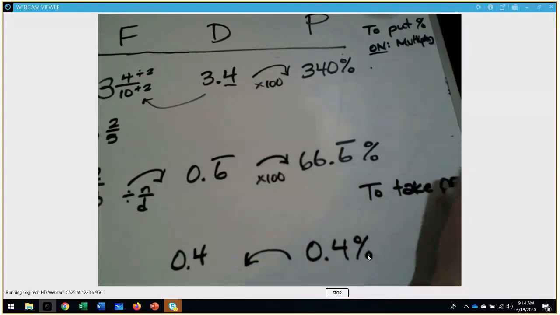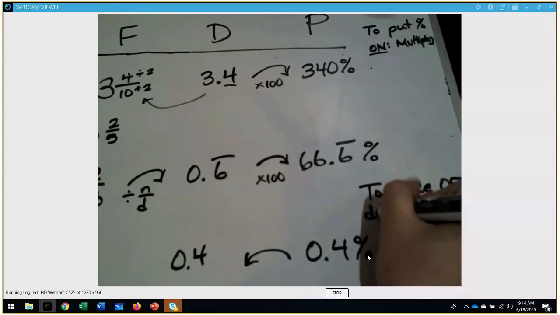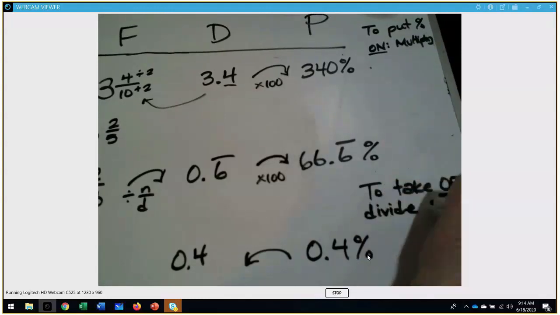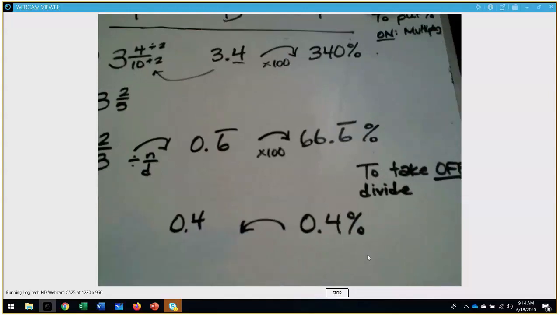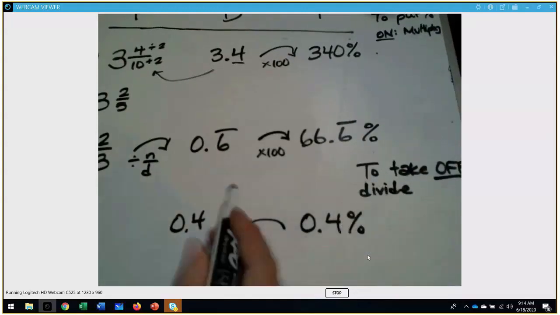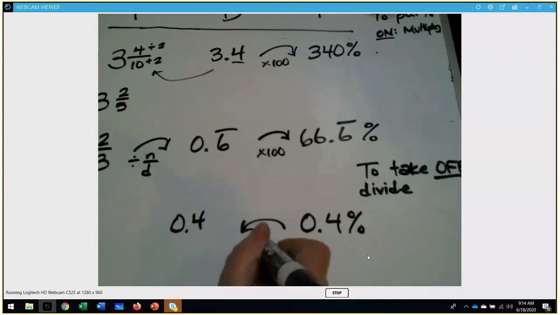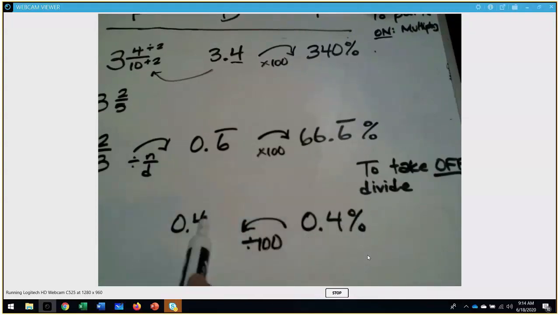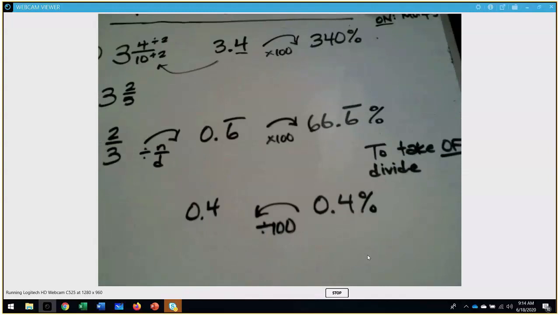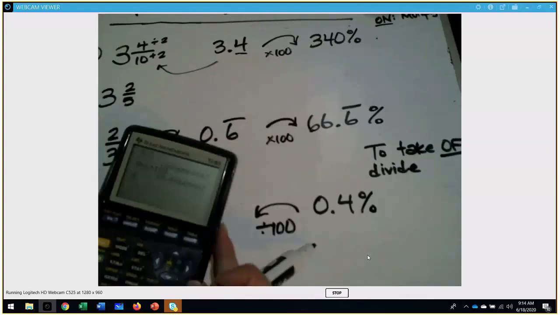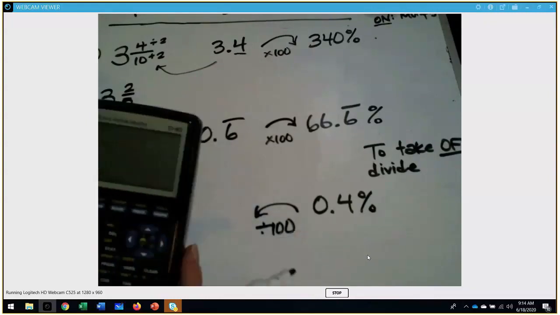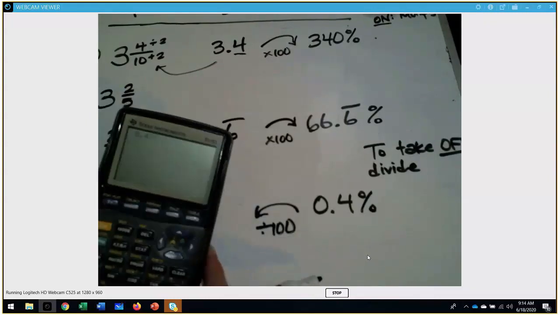The decimal would be 0.004, right? Right. Because that percent sign does not come off until you've divided by 100. So you can't just erase the percent sign and think that that's okay. You're going to take the 0.4 and then divide it by 100.